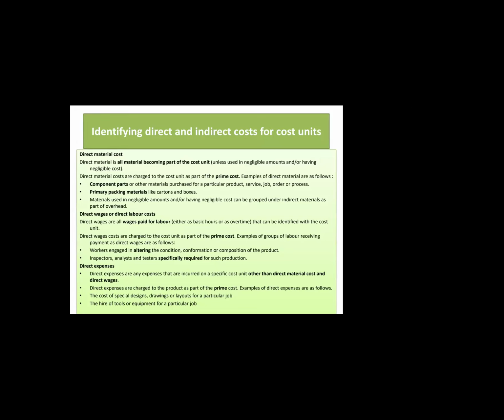Workers engaged in altering the condition, conformation or composition of the product. Sometimes we have a misconception that only the workers paid for direct production of units of goods are direct labor. But sometimes we need to alter the product, and that also is treated as direct labor.